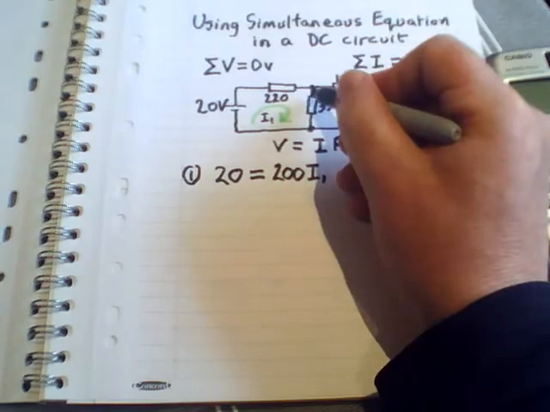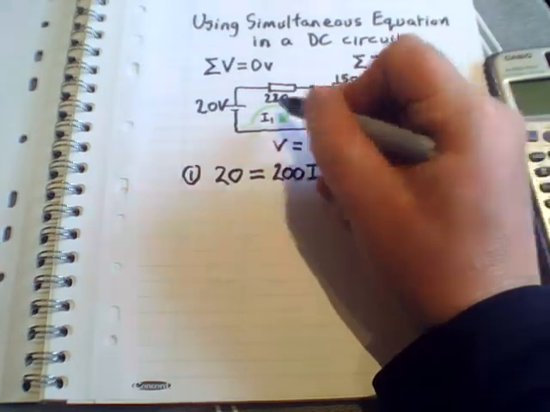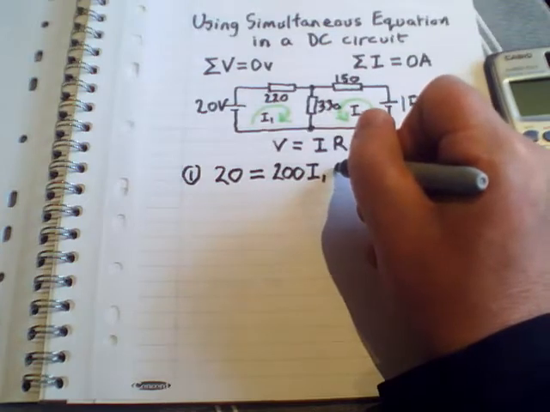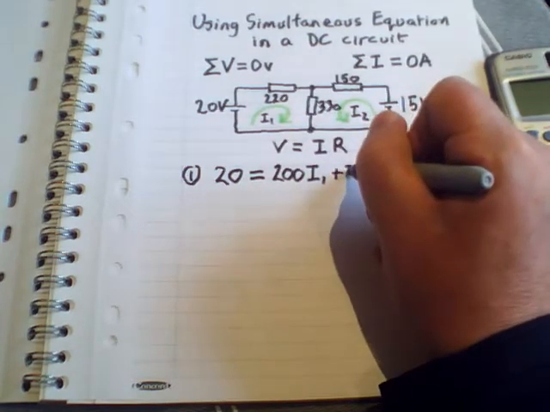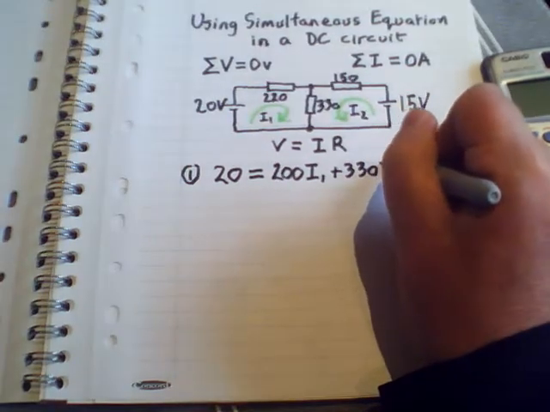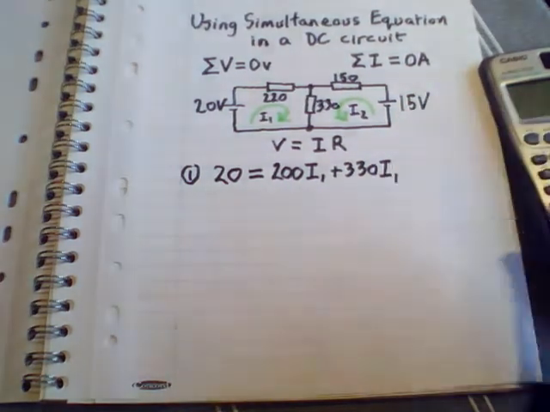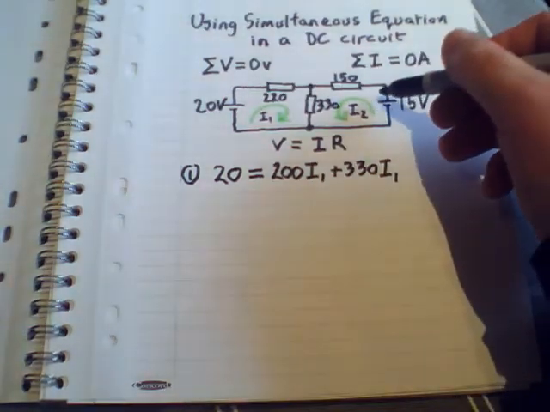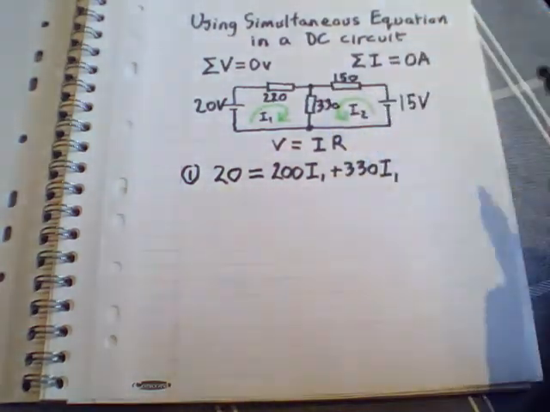And then there's a voltage drop across here from this current. So again, 330 this time, I1. But I also have to take into account that there's a current coming through in this direction.